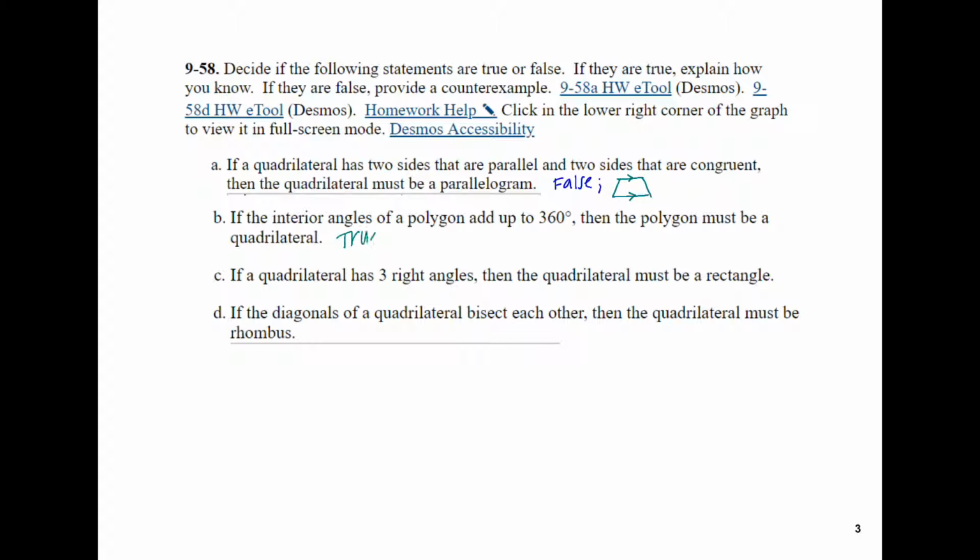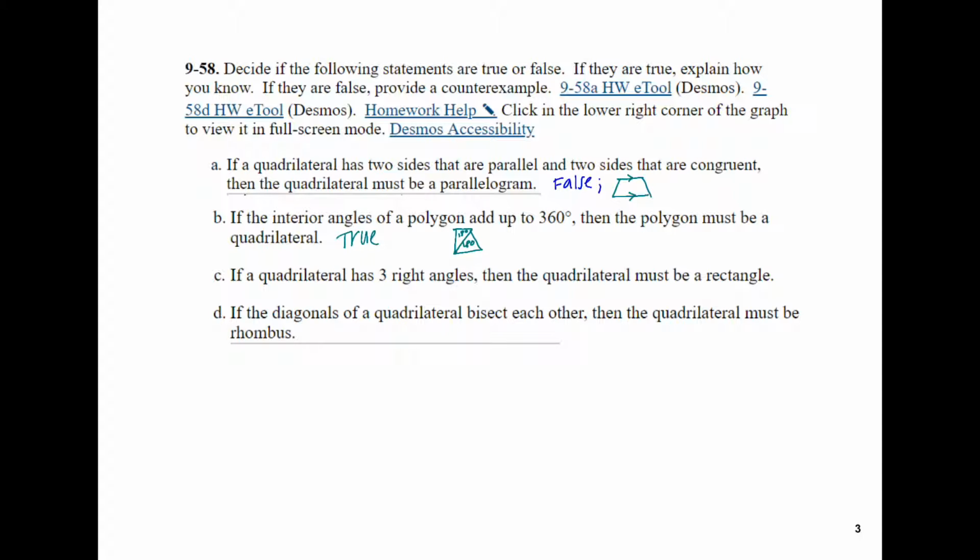So this is true, and if you think of any polygon that has 2 triangles in it, it would have 4 sides because 180 and 180 is 360.